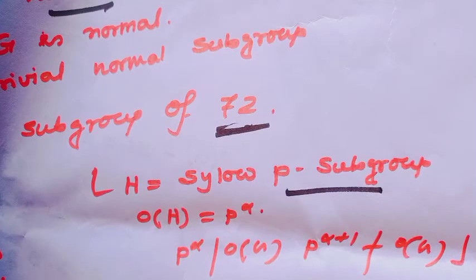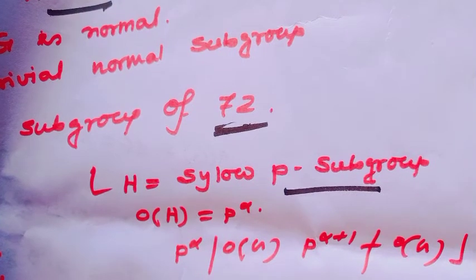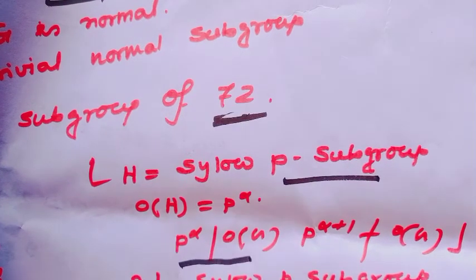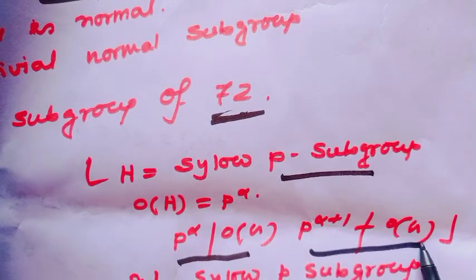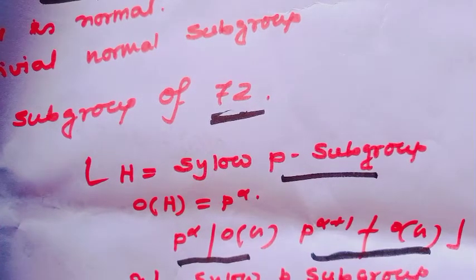We all know the definition of a Sylow p subgroup. Any subgroup A is called a Sylow p subgroup if the order of A is equal to p to the power alpha, then p to the power alpha divides the order of the group, but p to the power alpha plus 1 cannot divide the order of the group G. And this is the definition of a Sylow p subgroup.